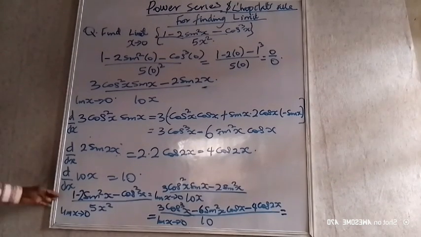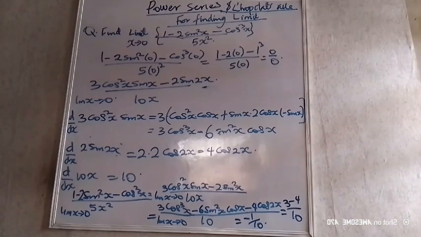Now, rearranging, we realize that the final expression is going to give us 3 cos cube x minus 6 sine square x cos x minus 4 cos 2x over 10. And when we insert 0 here, let's see what it will give us. So now, on inserting 0, we realize that the answer is going to be 3 minus 0 minus 4 divided by 10.